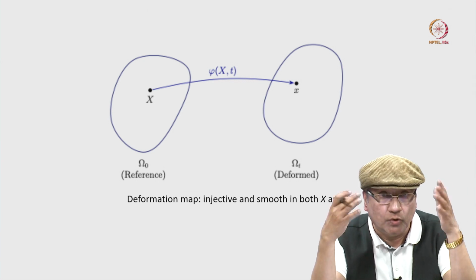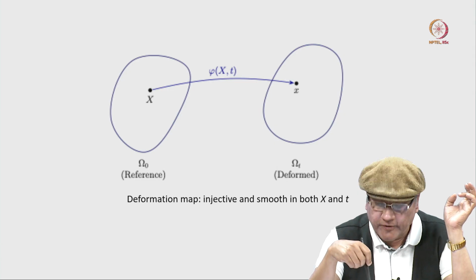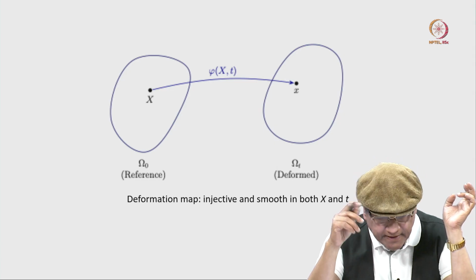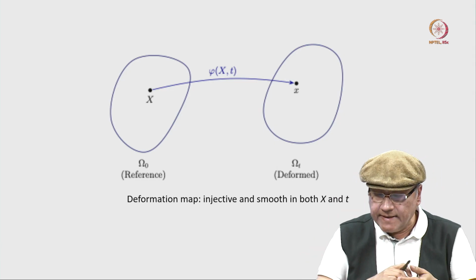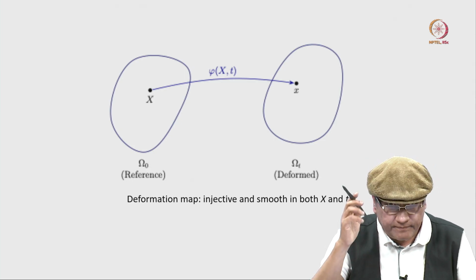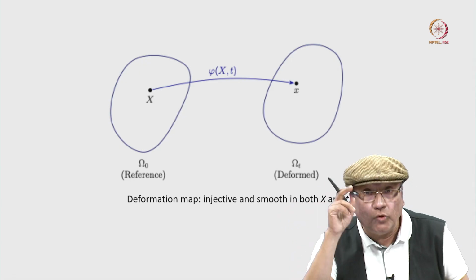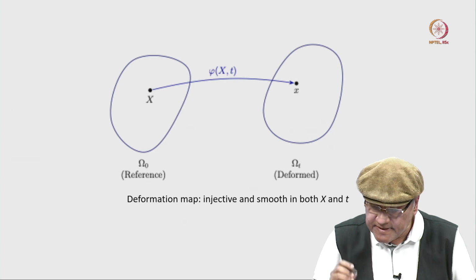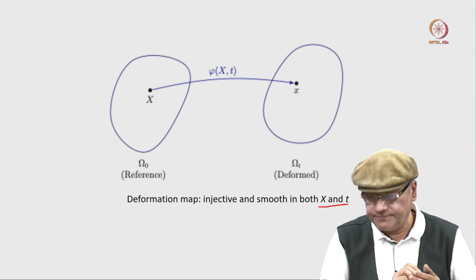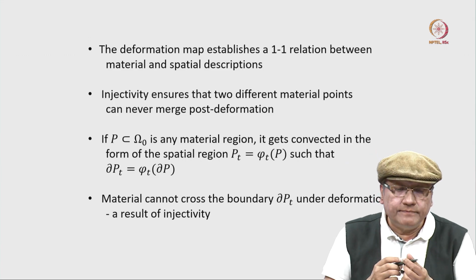Alright, so we have this reference configuration omega 0 under the mapping phi, which is the deformation map, under some externally applied loading of some kind. You have the deformed configuration for a fixed t, it is called omega t, right. As I said, the deformation map is injective or rather bijective and smooth in both the arguments, that is in both capital X and t. T is here the time, okay.